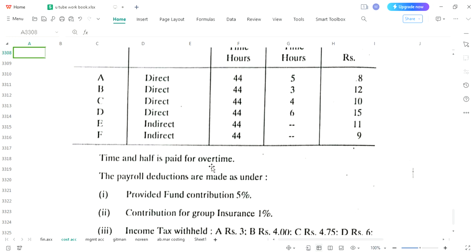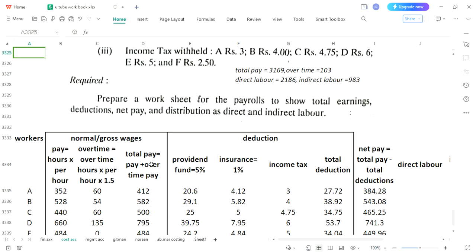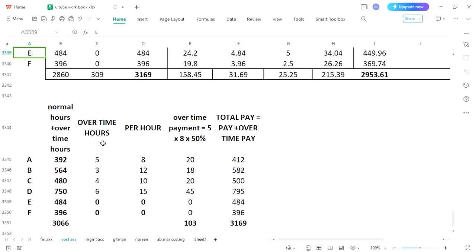It means 1 plus half, 1 plus 0.5, that means 1.5 or 150%. So this is genuine method where you will be paying 1.5 to overtime. In second case, instead of paying 1.5 for overtime, you will pay only 0.5 over here, and one part of this overtime would be included over here.